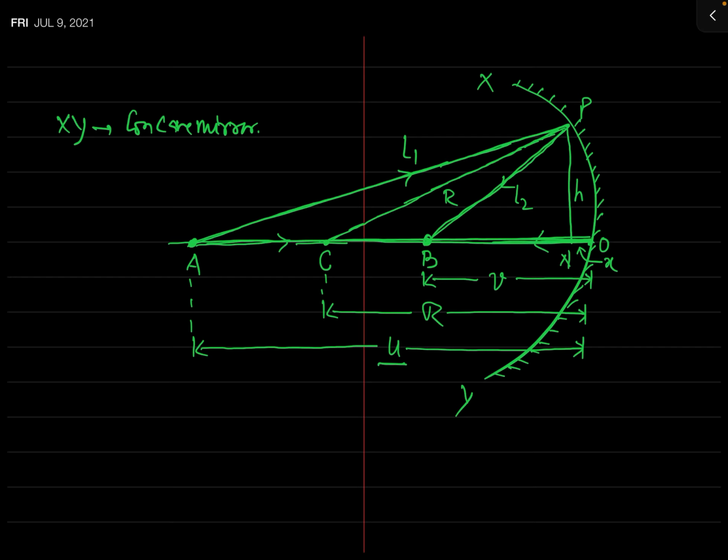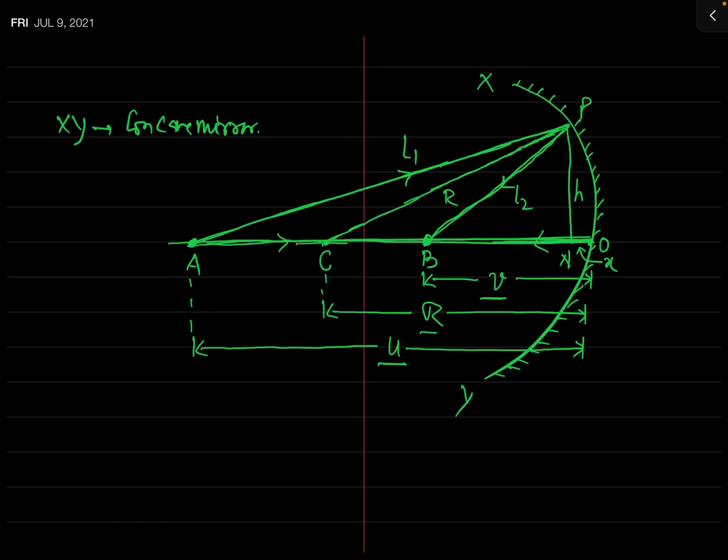And similarly, the distance of this image B from the pole of the mirror is V, as I have shown in this figure. And C is the center of curvature, so the distance of C from O or from P is equal to R, which is the radius of curvature of this mirror.